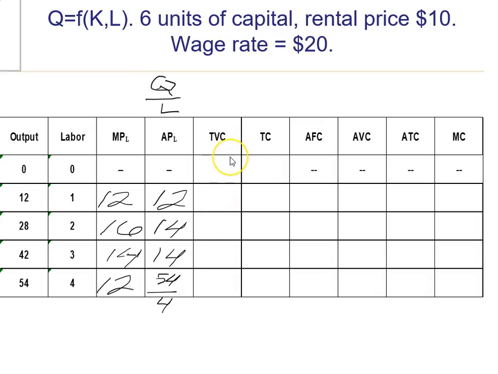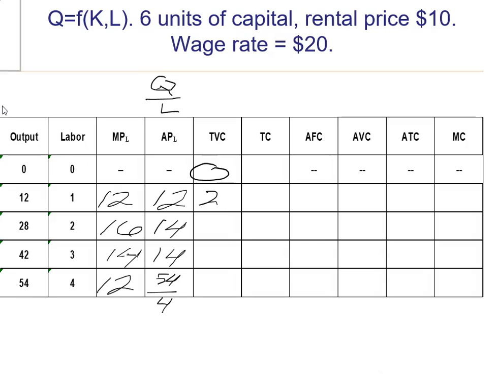Okay, welcome back if you had just paused the video. When you have no workers, what's your variable cost to hire no workers? Well, that's correct. You don't pay anything to hire no workers. So there's your variable cost of 0. When you hire your first worker, what's your total variable cost? Well, you've got to pay that worker $20.